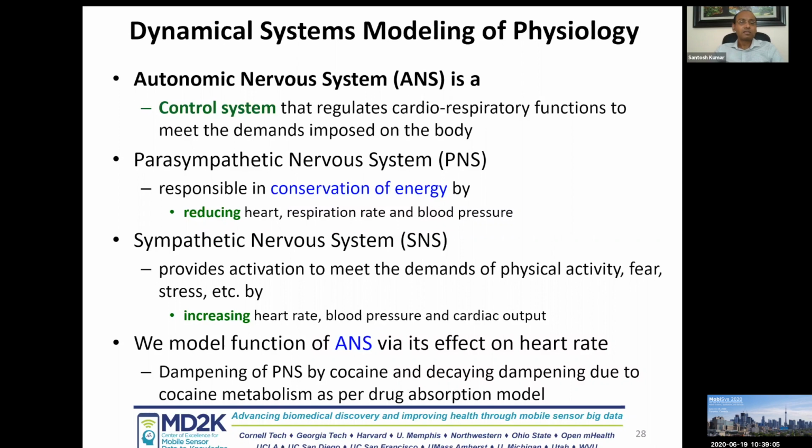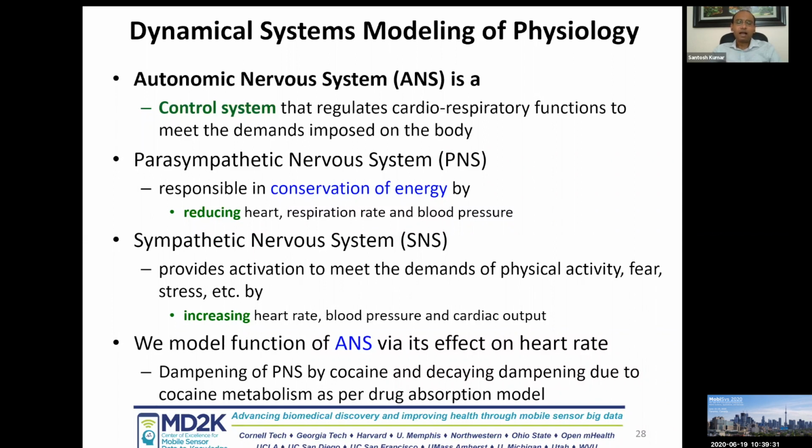So when there is cocaine in the bloodstream, even after the physical activity stops, the SNS does not stop, because there is cocaine in the bloodstream that continues to activate the SNS. That means recovery from this high heart rate is dampened because of the cocaine in the bloodstream.